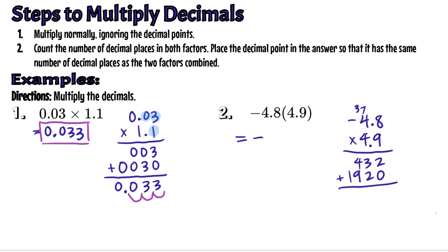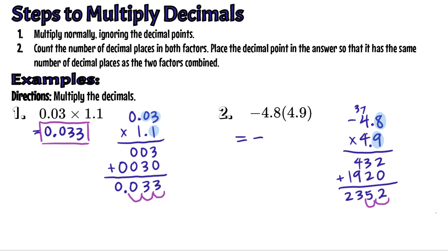Let's add our rows. 2 plus 0 is 2, 3 plus 2 is 5, 4 plus 9 is 13, carry the 1 gives us a 2. Now we want to count the number of places in our factors. So we have 1, 2. So a total of 2 decimal places in our factors, which means that in our product, we want to count over 2 places from the right.